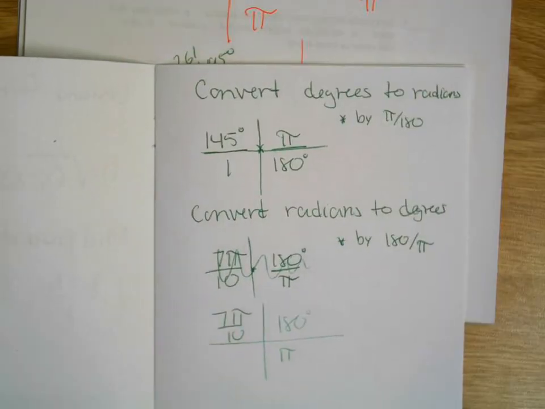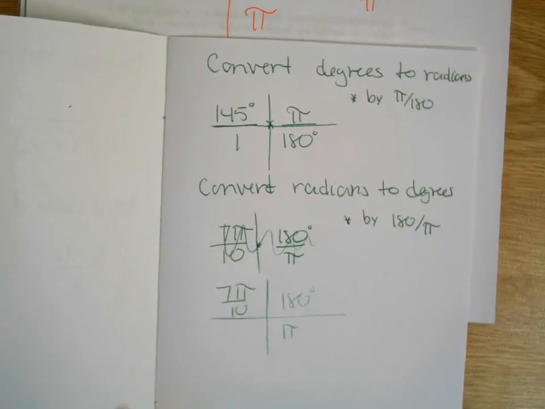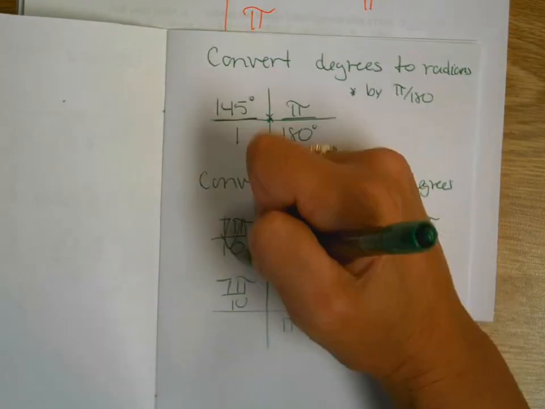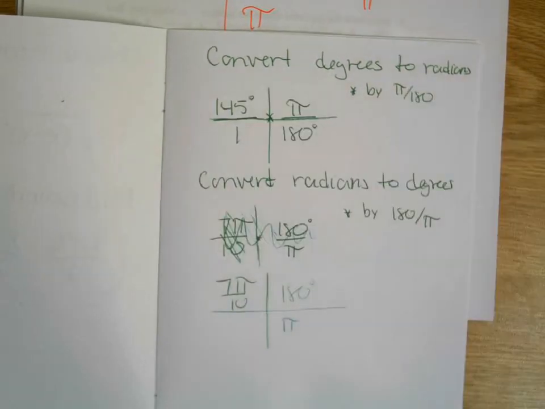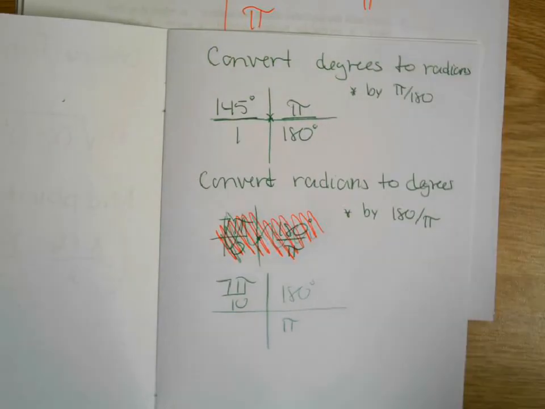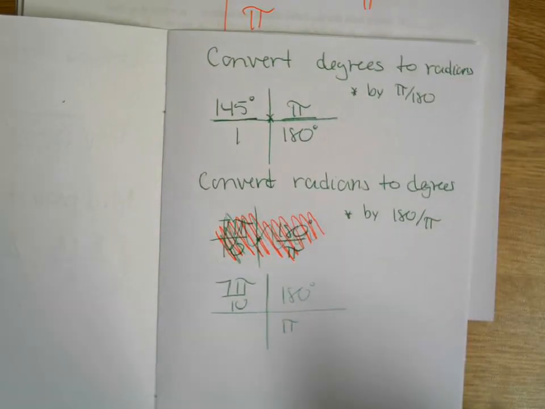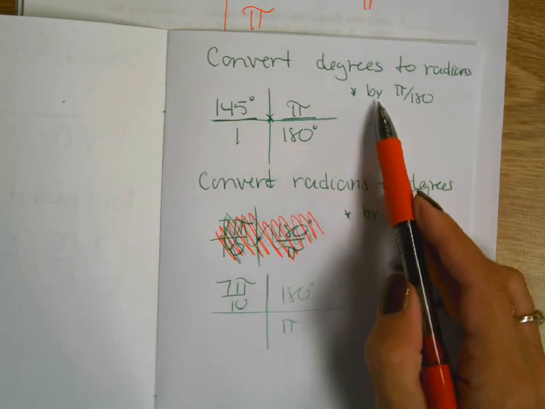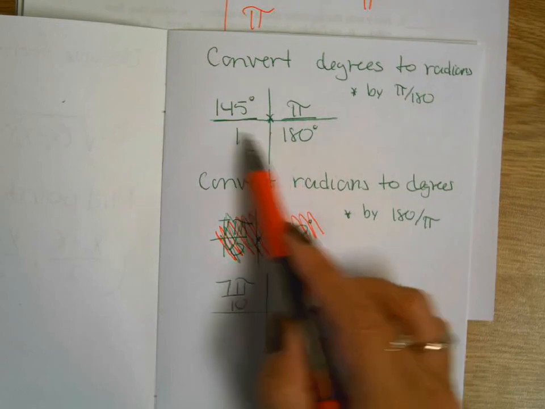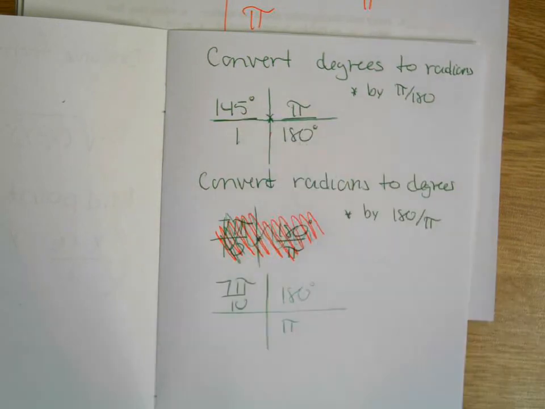So give yourself a page to convert degrees to radians, and then converting radians to degrees. So you can see I told myself what I'm doing. I'm going to multiply by pi and divide by 180. And I showed the T-box, so hopefully that's enough to refresh your memory on it.